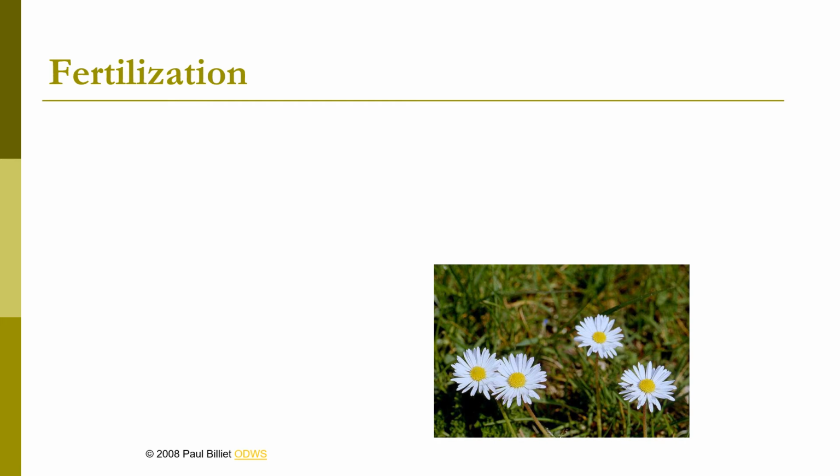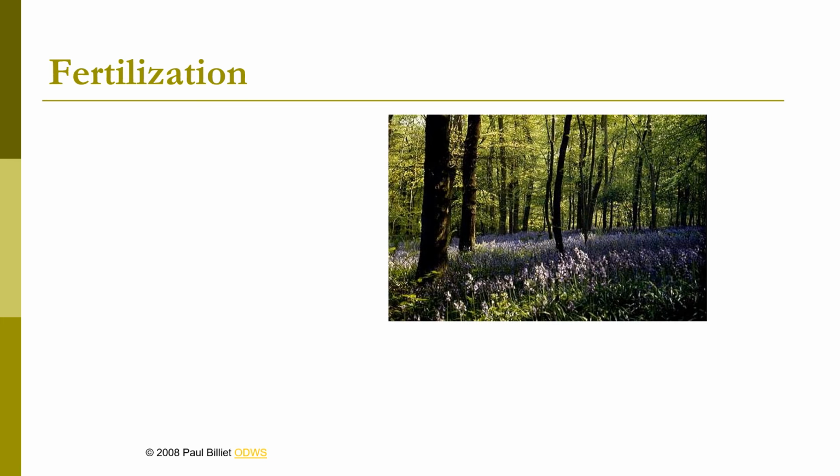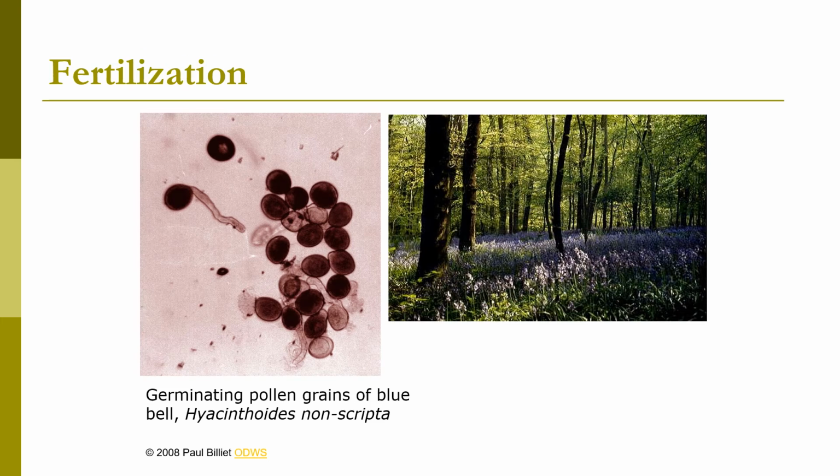Moreover, this picture shows a very good image of the pollen grain of a daisy flower using a microscope. While this next picture shows the germination of the pollen grain of a bluebell, creating a pollen tube needed for the fertilization process.